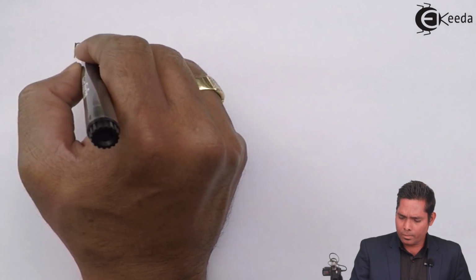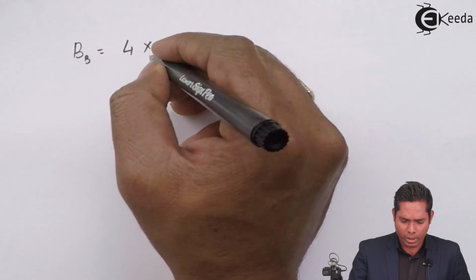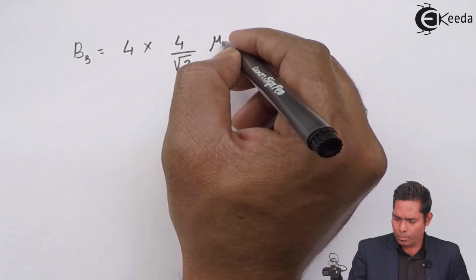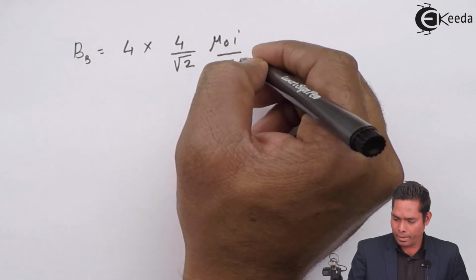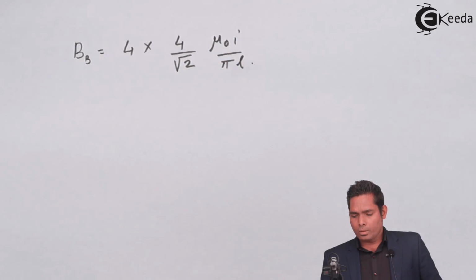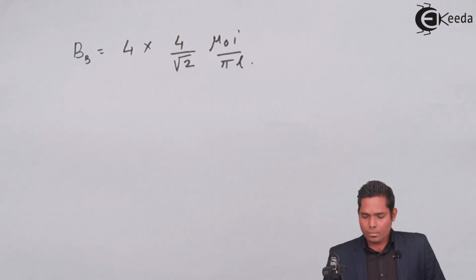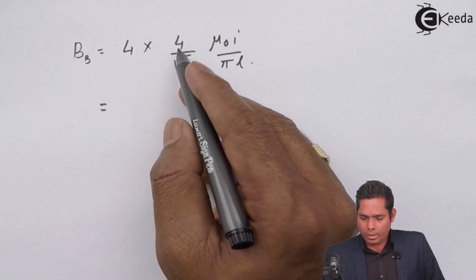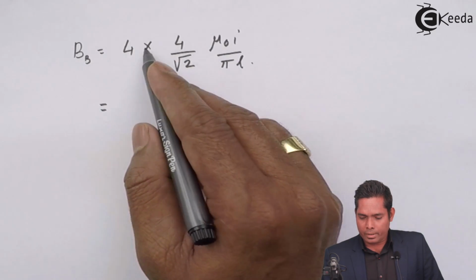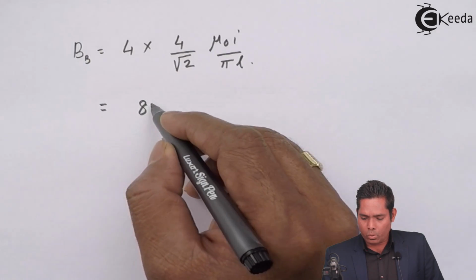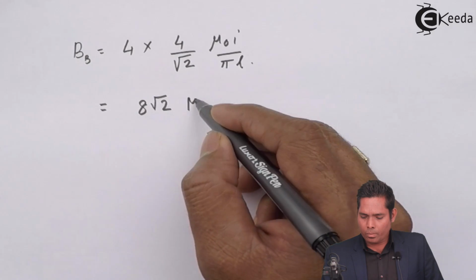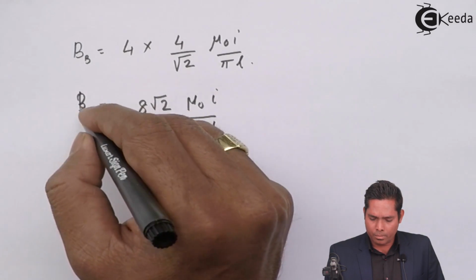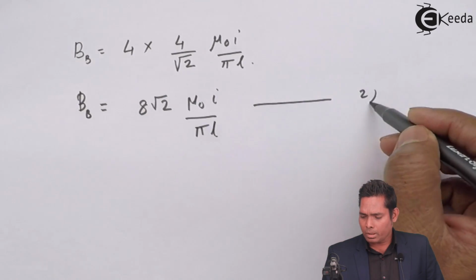BB will be 4 times the value that we have obtained so far, 4 upon root 2 mu naught I divided by pi L. So if I write, this will become 8 root 2 mu naught I divided by pi L. This is BB, equation number 2.